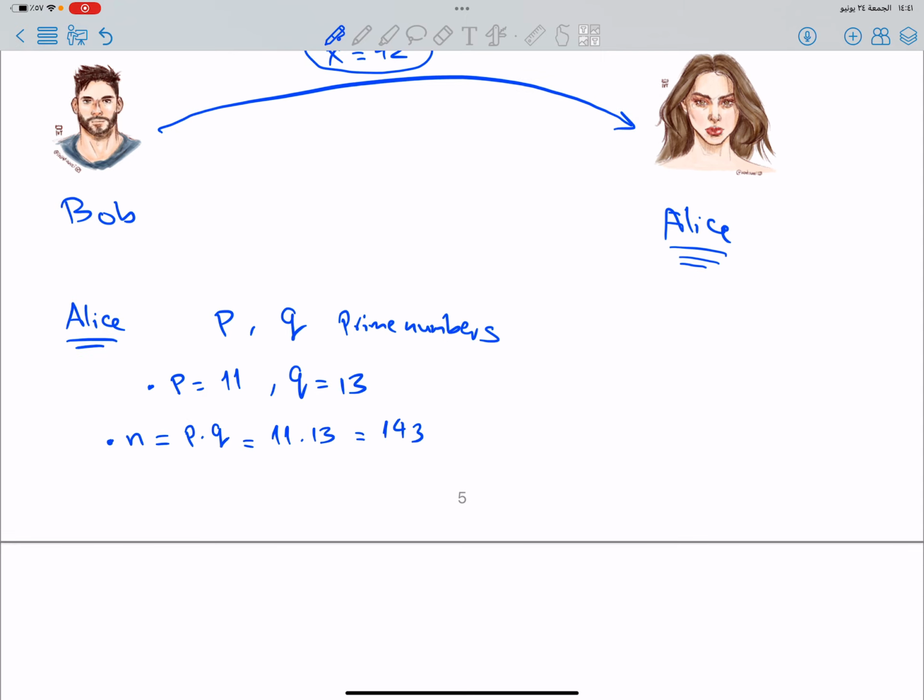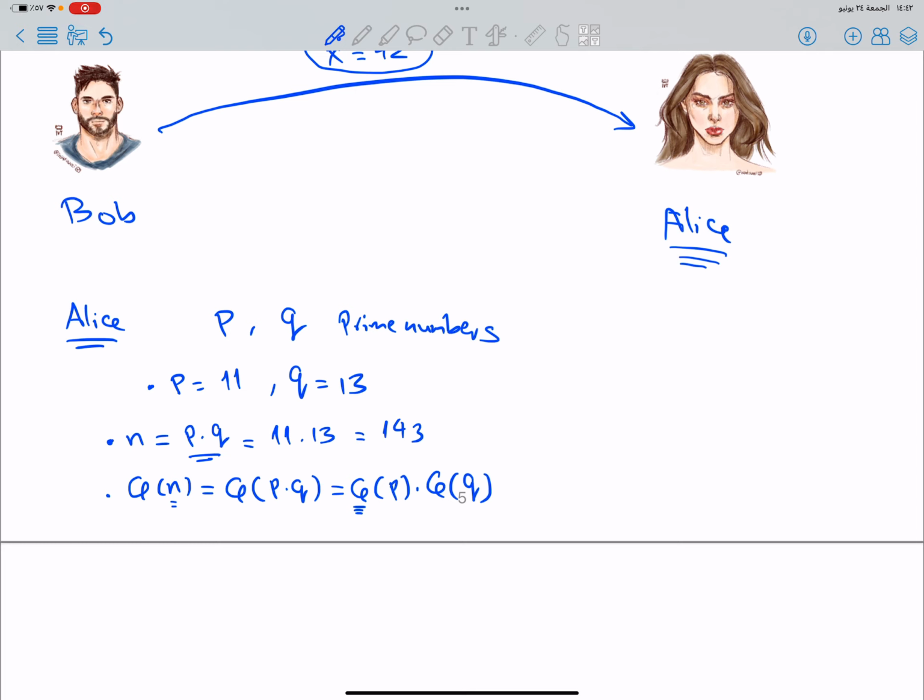The third step, Alice should calculate phi N. Phi N is phi of PQ, and this is okay because P and Q are prime numbers, then we can say phi P multiplied by phi Q. If you want to know more about phi, let me know in the comments. I can do another lesson about phi.